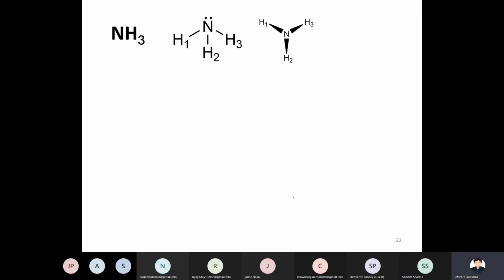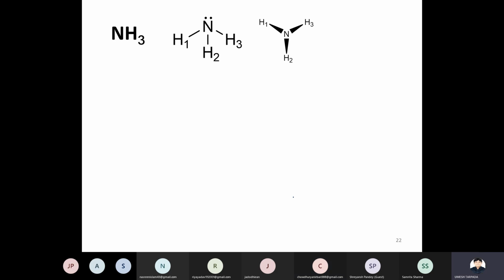So see, in ammonia, just recognize the axis. What happens in ammonia? C3 axis.